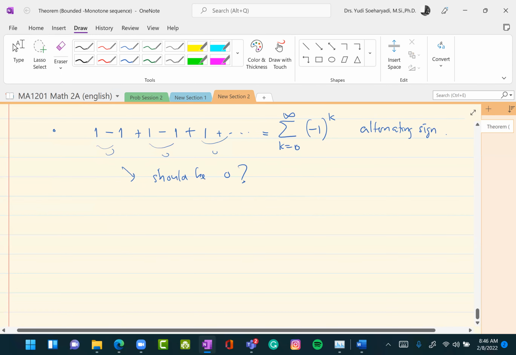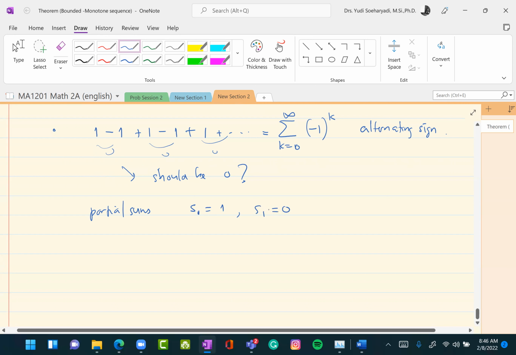All right. But if you think in terms of partial sums, S0 is just 1. S1 is just 0, because you subtract 1. S2 is you add 1 again, 1, and then subtract 1, 0. Right? And it keeps going on.